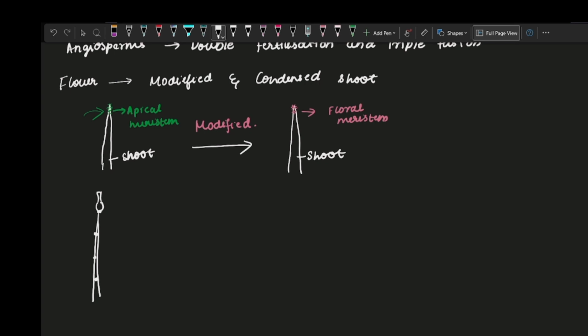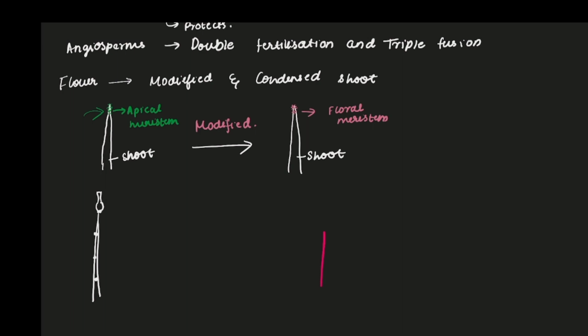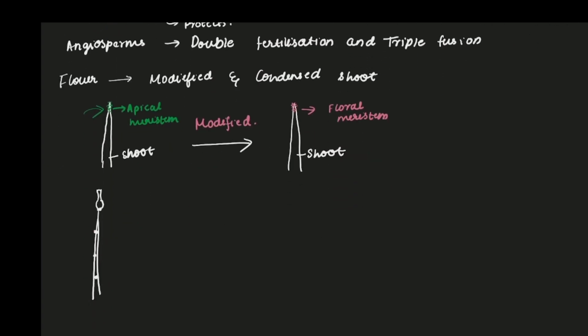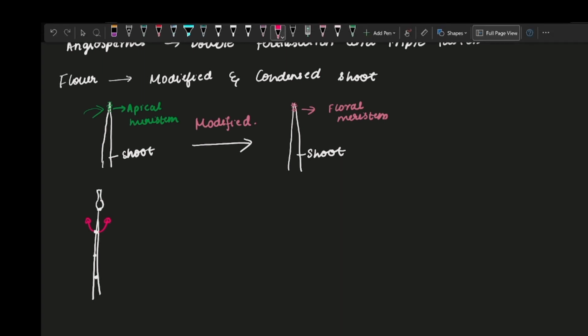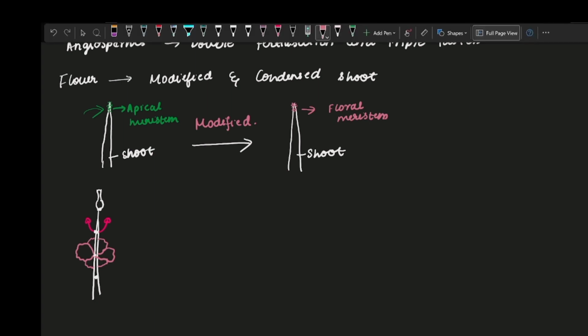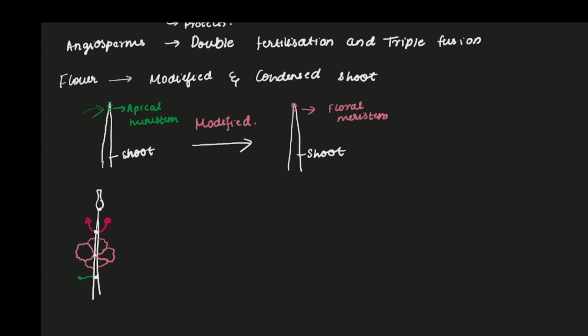Each node has a whorl. Here we learned about four different whorls, right? Each node will have one particular whorl. I'm using different colors so that it seems nice. As you can see, I'm putting different whorls on each particular node.